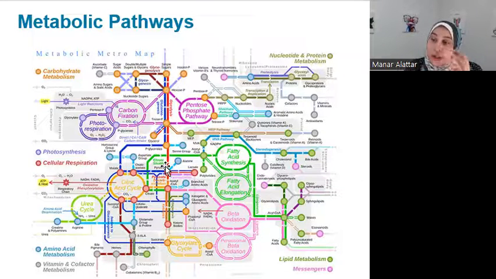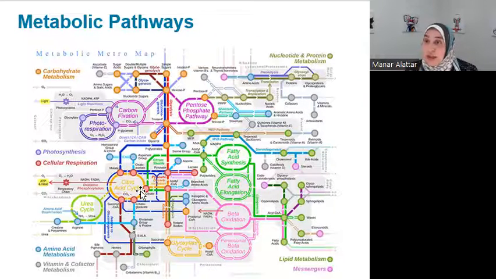But really, each step is part of a whole integrated system of different types of chemical reactions, of different pathways, of different feedback loops that sometimes will turn a system on or turn another process off. And they're all integrated within the cell or within different organisms within a community, right?